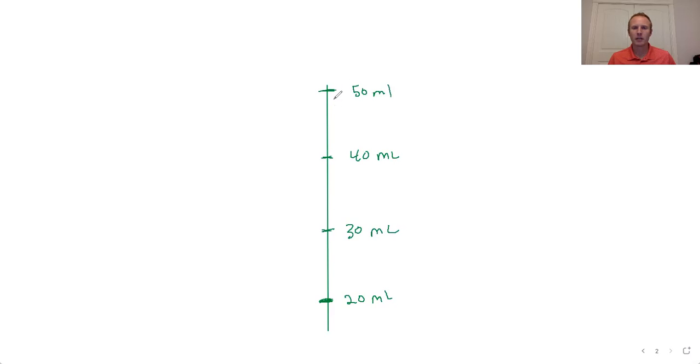And then I'm going to count by 2 from each of these. So 20, 22, I'll do that in a different color actually. 20, 22, 24, 26, 28, 30, 32, 34, 36, 38, 40, 42, 44, 46, 48, 50.